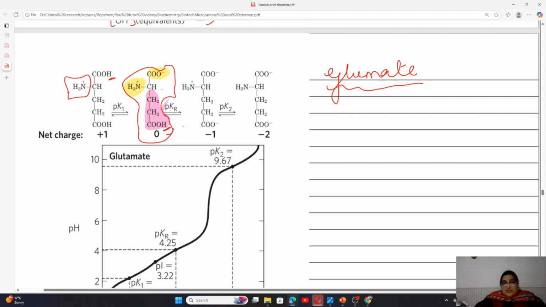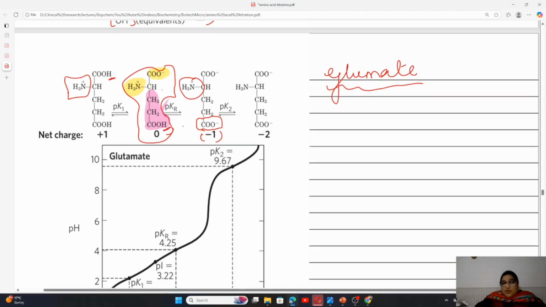This carboxylic group of the R group will also get deprotonated, and the amino acid will carry a charge of -1.